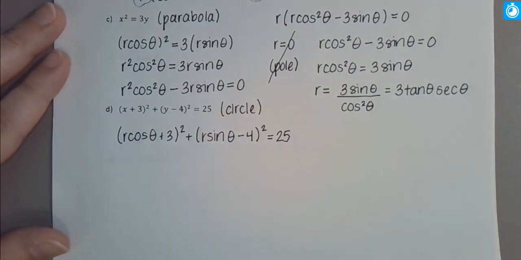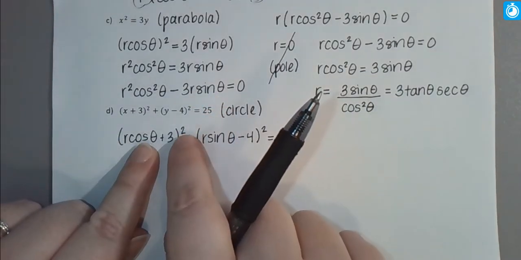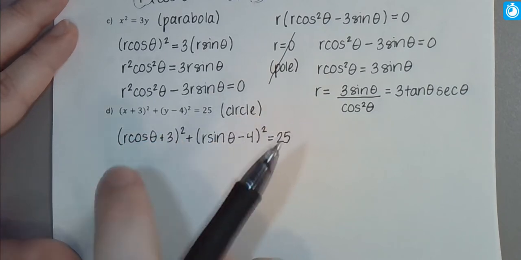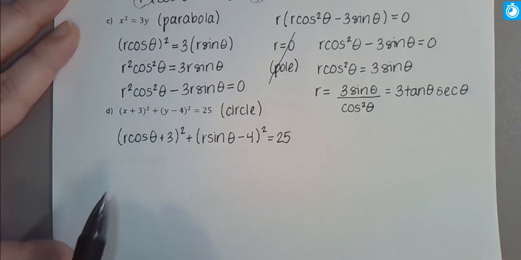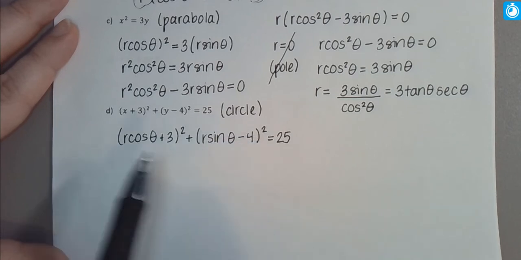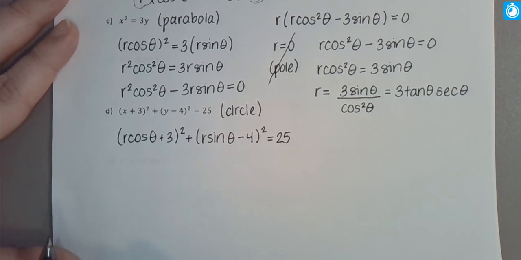So now we just need to FOIL this out. So our first term squared, keep in mind this does not mean square each term, it means FOIL it. So what we're really doing is r cosine theta plus 3 times r cosine theta plus 3. So if you need, pause the video and FOIL these out by hand. I'm going to show you how you get to the final answer for FOILing, but again, if you need, pause the video, do it by hand, take the moment to do that.